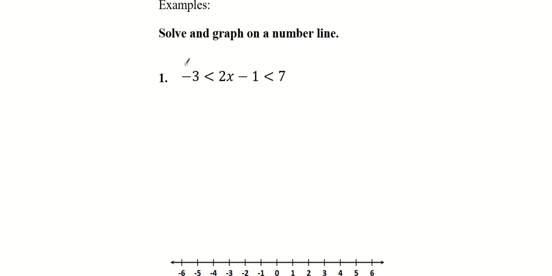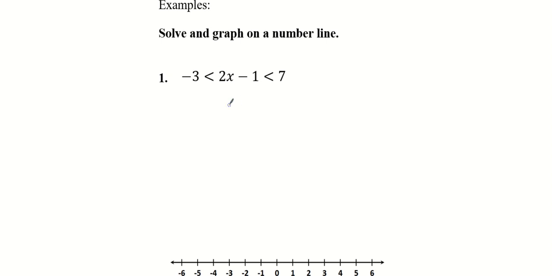If I were to separate these, and you could, if you wanted to write these as totally separate inequalities, you could say -3 is less than 2x minus 1. That middle part would just be a part of both separate inequalities. So you could have -3 is less than 2x minus 1, and the other one would be 2x minus 1 is less than 7. But the word connecting them is and when it looks like this.